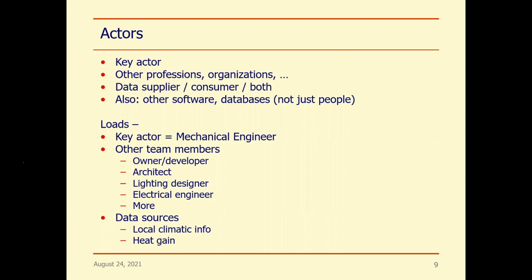So it's not just people involved in an activity, it's the information sources and sinks. And so for the loads example, the key actor would be the mechanical engineer, and then the owner, the architect, lighting designer, electrical engineer, et cetera, would be involved in the information exchanges. And then there'd be data sources such as climate information and heat gains and other things as well.